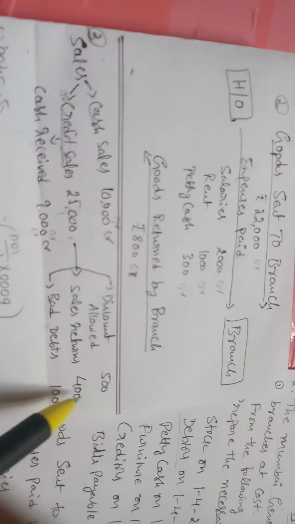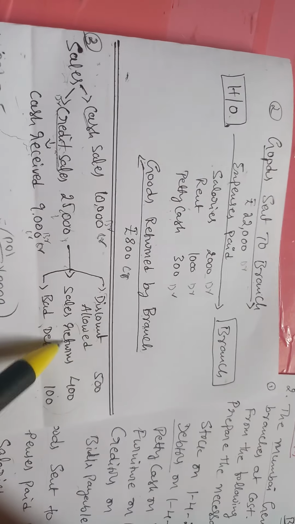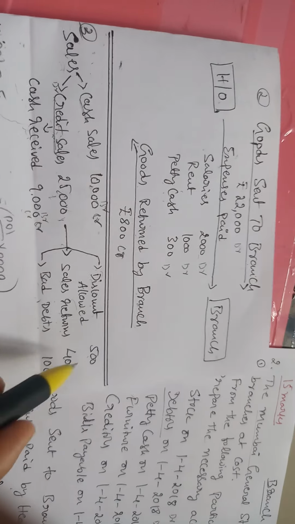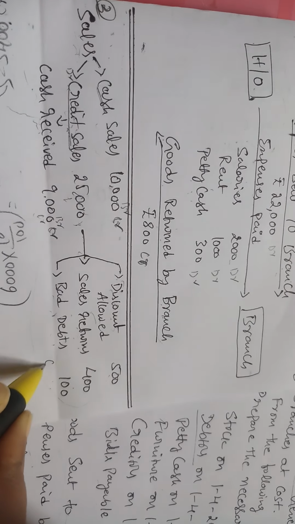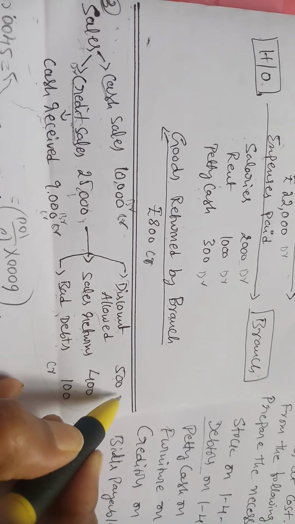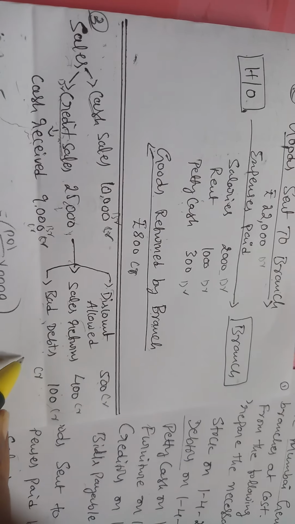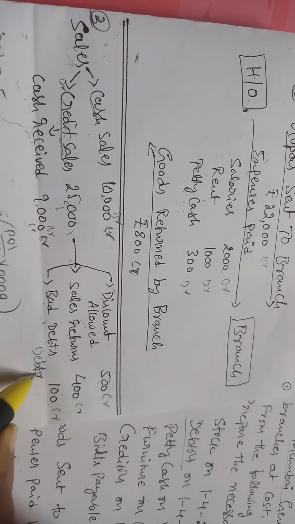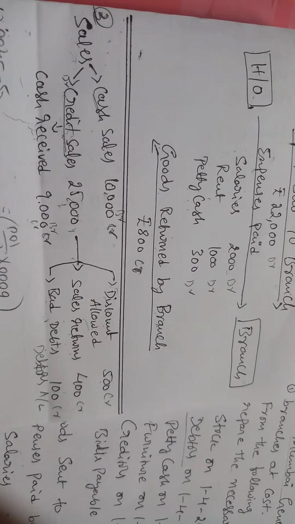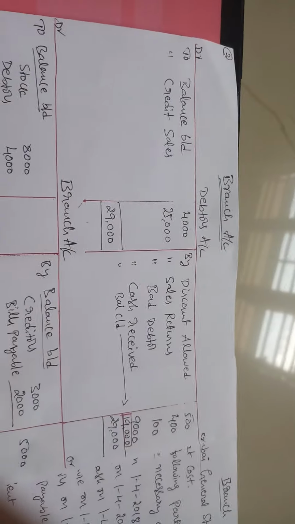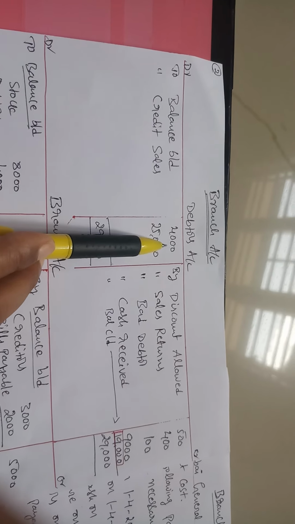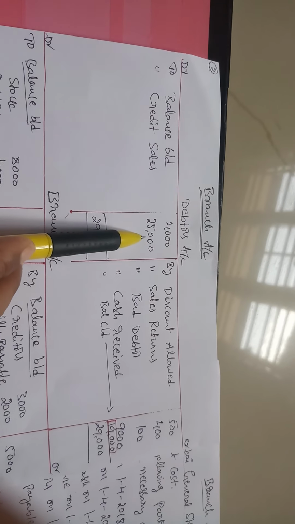So these three items, discount allowed and sales returns and bad debts, these items showing in the credit side. So all credit side, where credit side debtors account credit side. Okay, come, I'll show you the solution. See, debtors account balance brought down, credit sales I taken here.